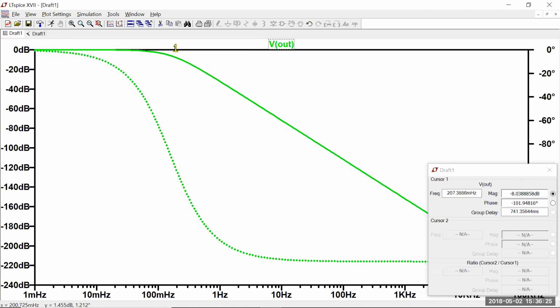Okay, it might be hard to see, but I'm at about minus 6 dB and about minus 90, which is indicative that it's a critically damped second order system.